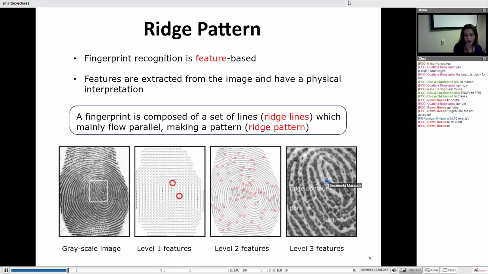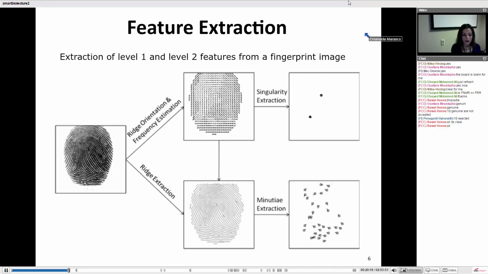And we can also have high resolution images from which we can extract details like sweat pores, so very detailed information. So 250, 500, 1000 dpi.